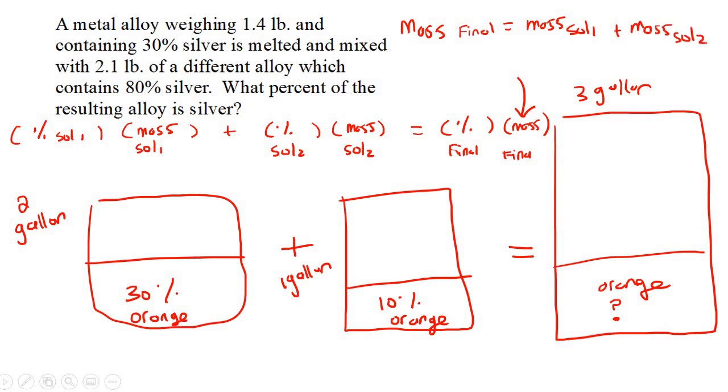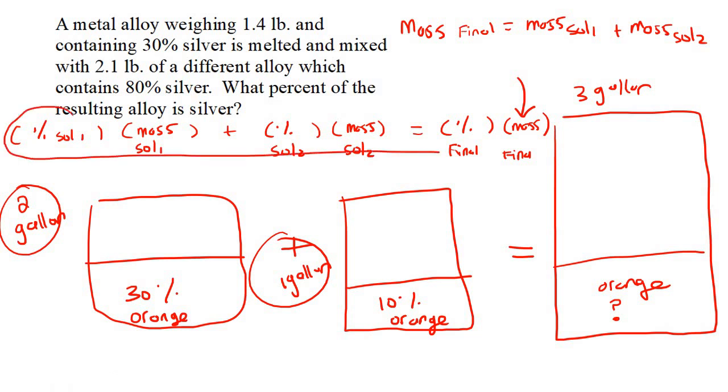I mean, if you take 2 gallons and you add it to 1 gallon, you're definitely going to make 3 gallons. That's pretty straightforward. So I want you to remember this. This is the general thing that we are going to be using throughout all of these mixture questions. So write that down, and then if you stick to that, you will be okay.